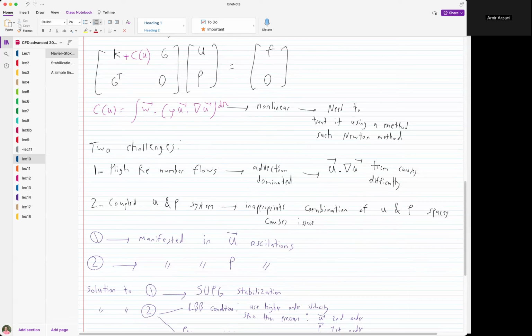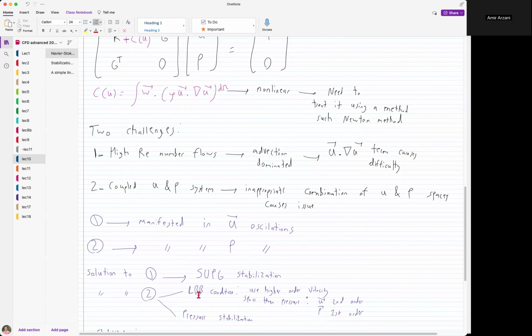mesh. In solution number 2, so to solve the second problem, the coupled UP system and the pressure issue, we can either use an LBB condition. So for example, second order velocity, first order pressure. I might have said this opposite. So velocity has to be second order, pressure has to be first order.